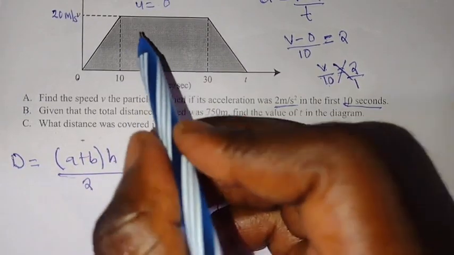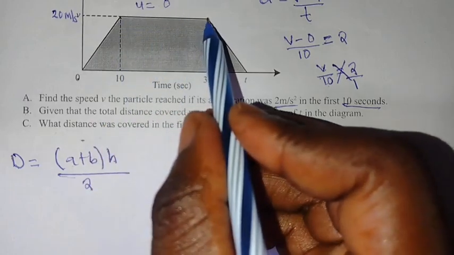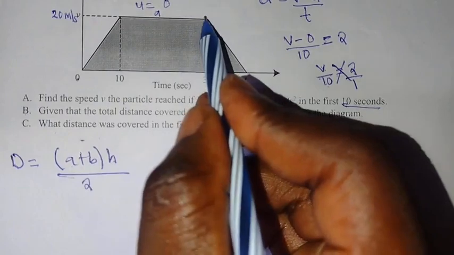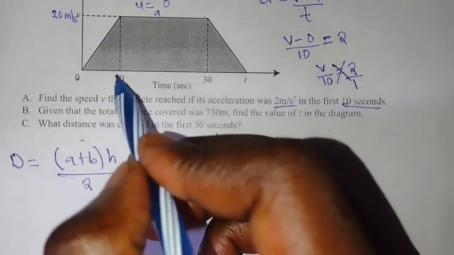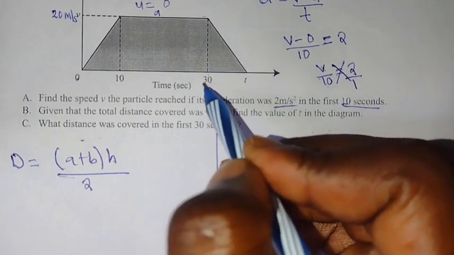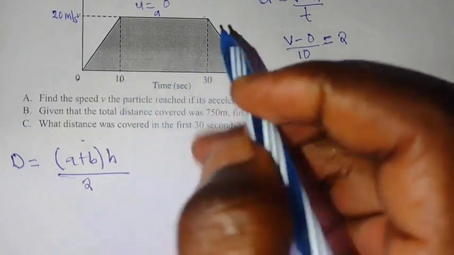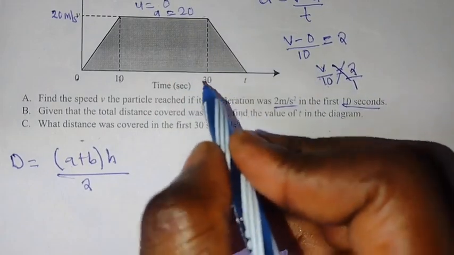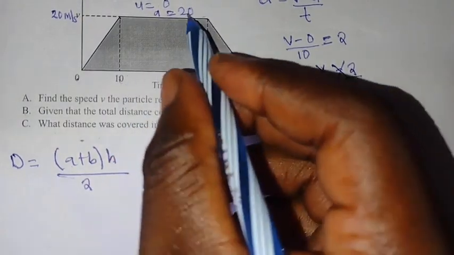So a is from here up to here, where we have time intervals. Here we have 10, here we have 30. So we need to find the difference between 30 and 10. That will be the value of a. So a is 20, because 30 minus 10 is 20.